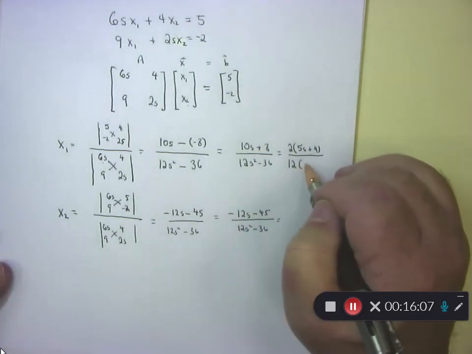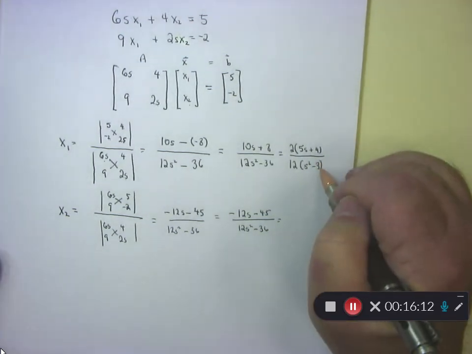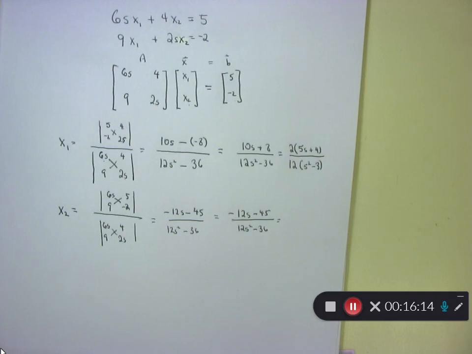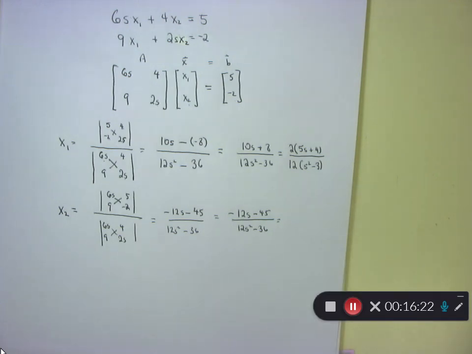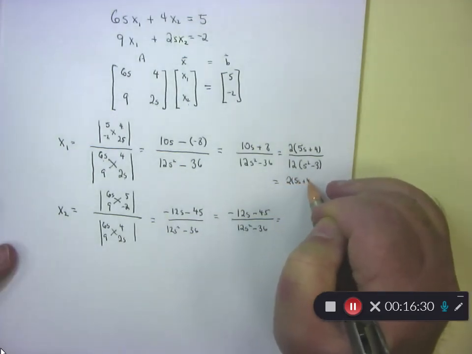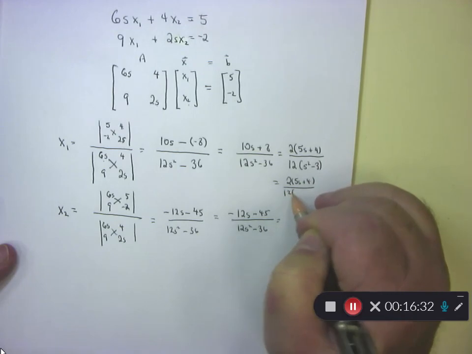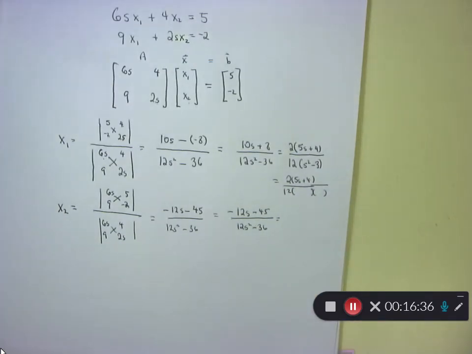You can factor out 12, and you're left with s squared minus what? 3. Does that make sense? But this is linear algebra, which means we've done a lot of algebra just to get to this class. I believe you can factor that s squared minus 3. Factor it, please. So you end up getting 2 times (5s plus 4) divided by 12 times, how does s squared minus 3 factor? It is a difference of squares, but you got to look in the right way. What you got?